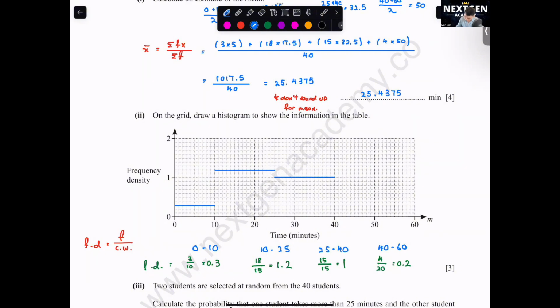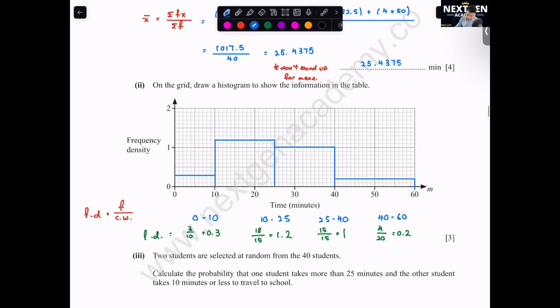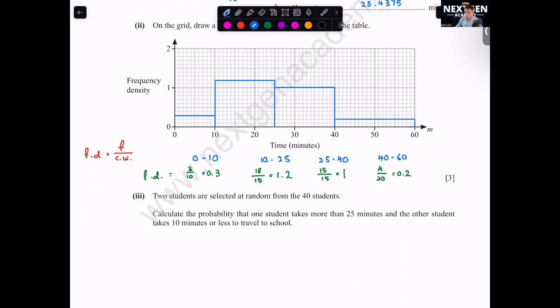Then the last one, 40 to 60, is 0.2. Okay, draw all the top part first, then you connect like this. Double check it. Okay, all good. Done.